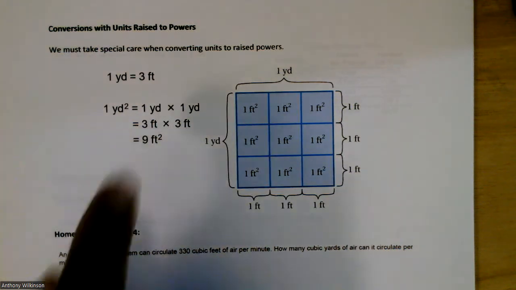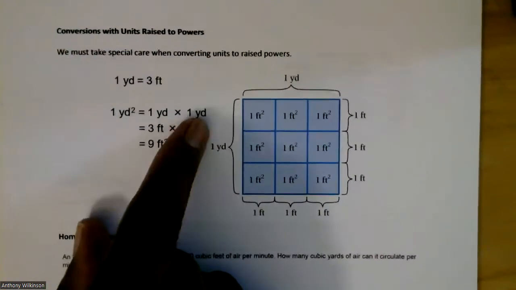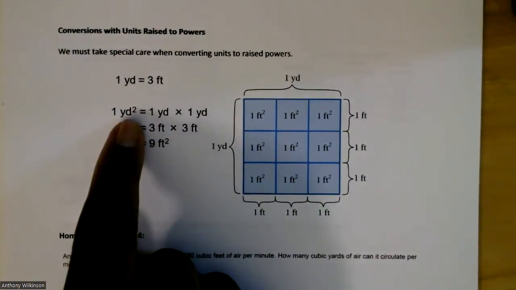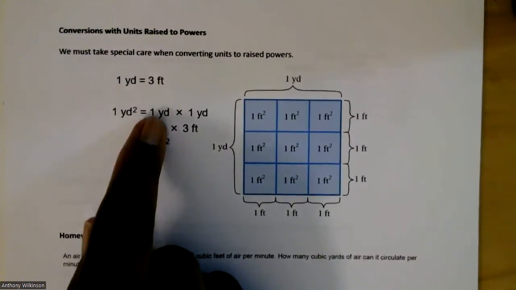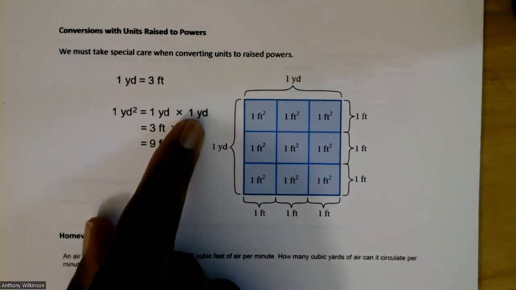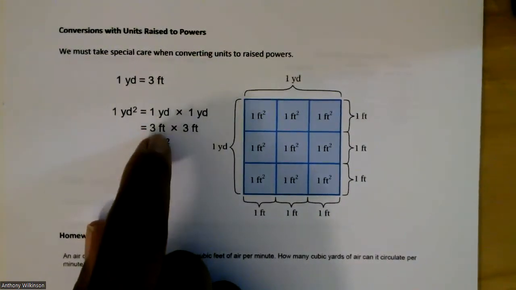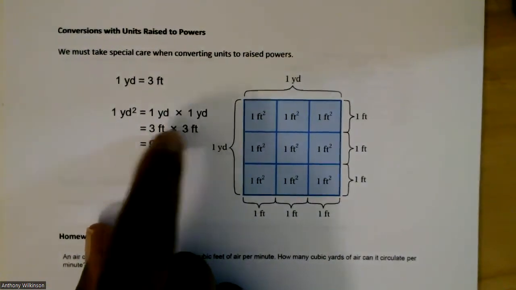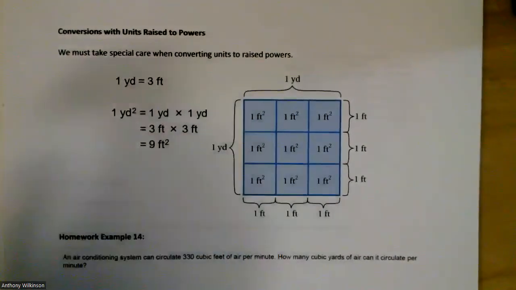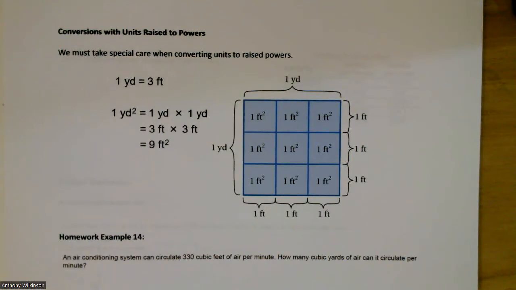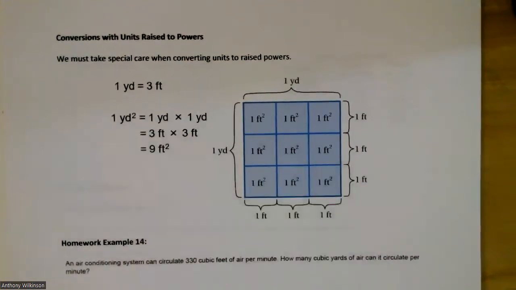Now, if we square both sides, because 1 yard squared will be 1 yard times 1 yard, and a yard is 3 feet, and another yard is 3 feet. So 3 feet times 3 feet will be 9 square feet. So 1 square yard is equivalent to 9 square feet. And here you can see how that is illustrated.